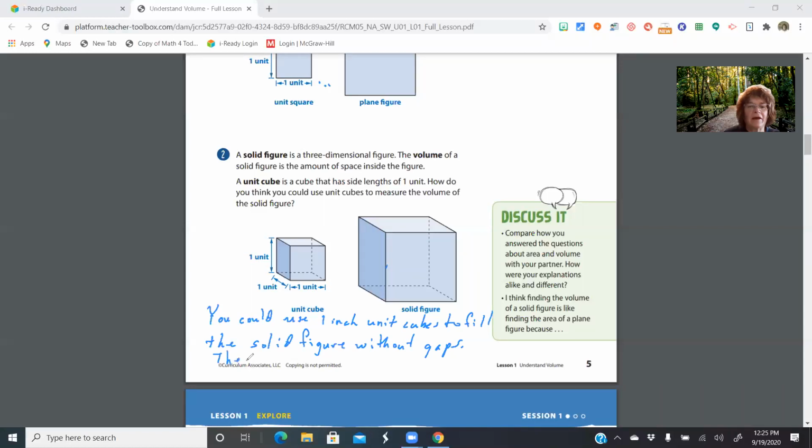Then count how many unit cubes you used. That looks real sloppy. Let me fix that a little bit. It's sloppy and then it's getting worse. There you go. It's kind of hard to write on this, boys and girls. I am doing the best that I can, but I will admit it's not real neat.